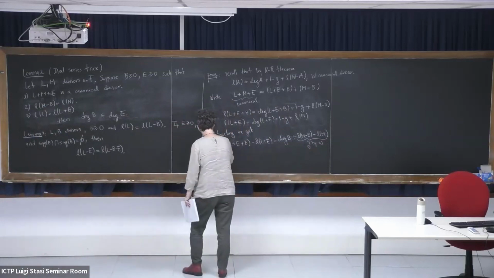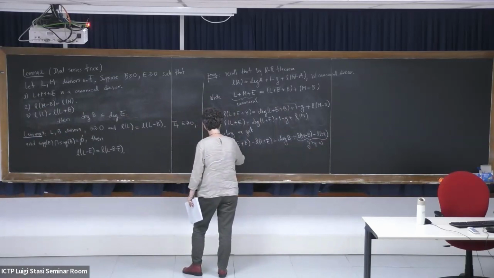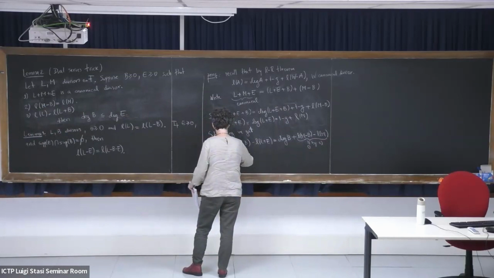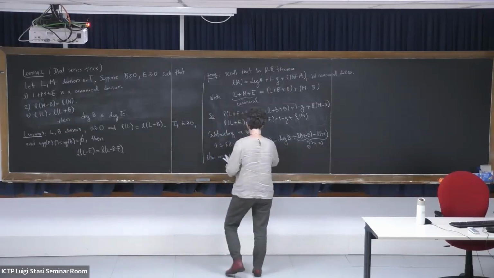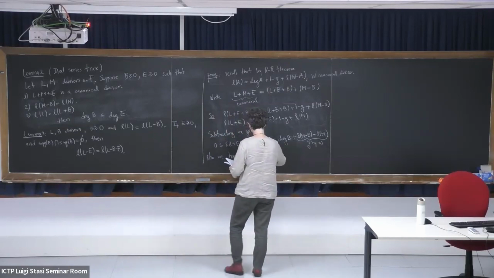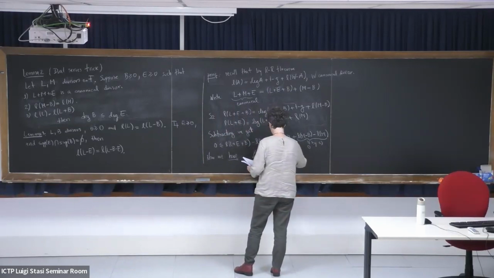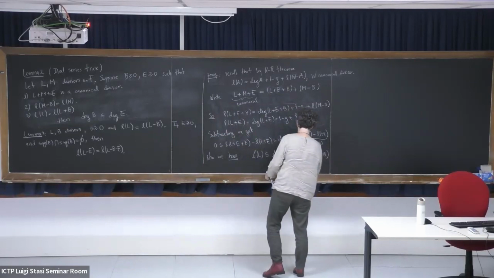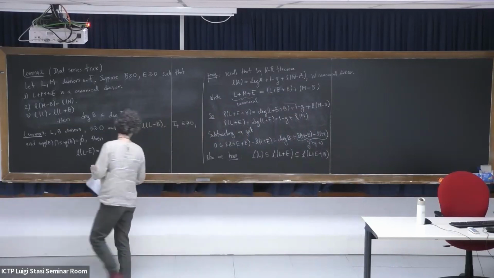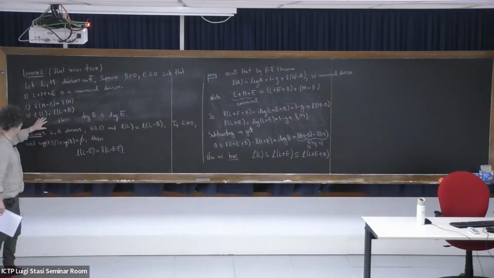I just want to call attention to this: this Riemann-Roch space is contained in this one, and this is contained in this one. We also said that the dimension of the Riemann-Roch space on the left is equal to the dimension of this Riemann-Roch space.